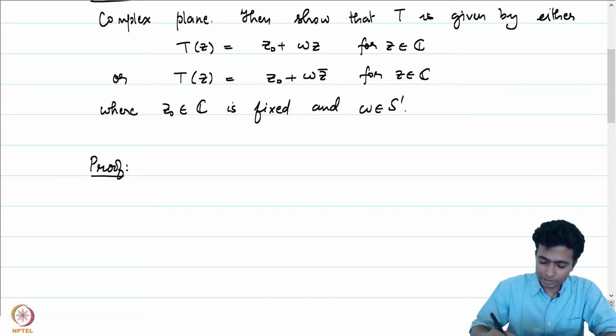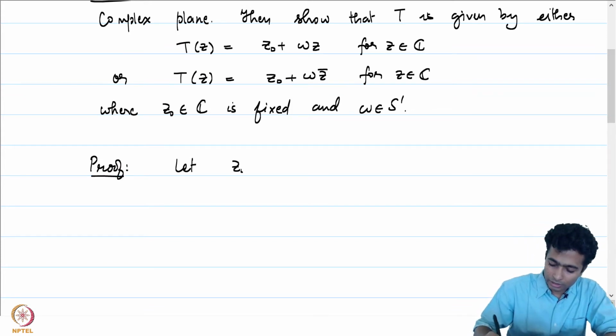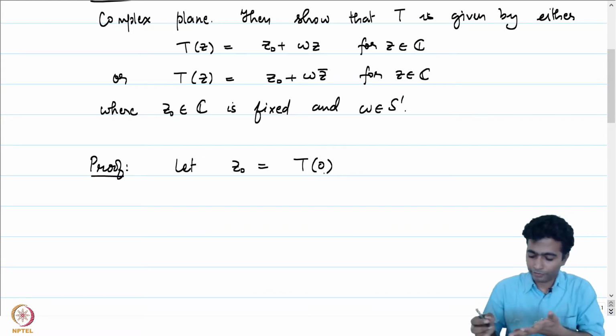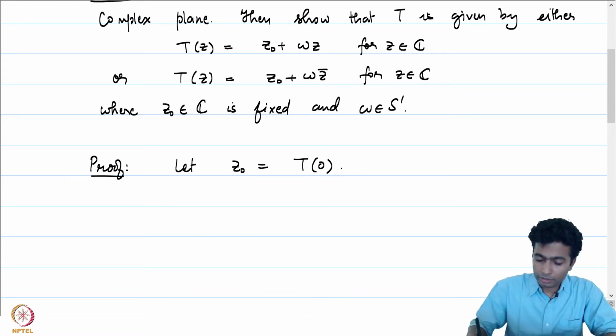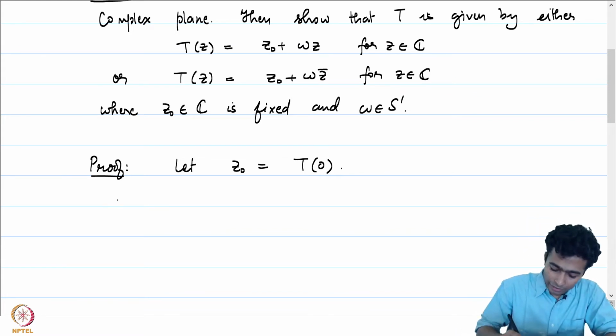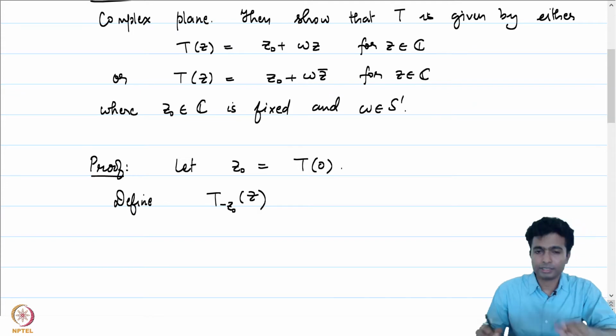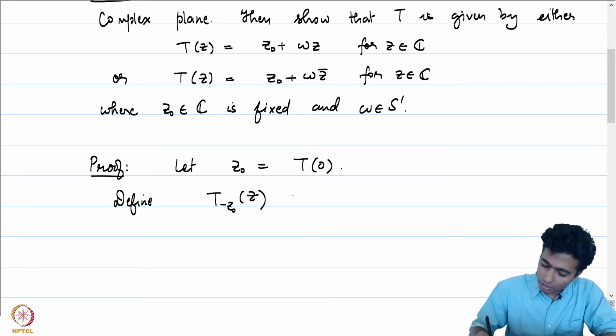The first observation is that if we look at z0, a fixed point which is given by T of 0, and define the map T subscript minus z0 of z to be equal to z minus z0.